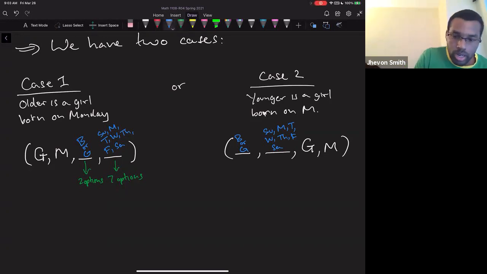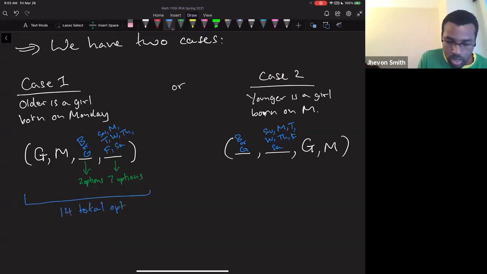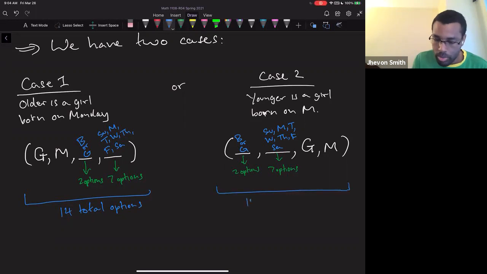So here, you would say that there are 14 total options. Similarly here, there are 2 options and 7 options for 14 total options.